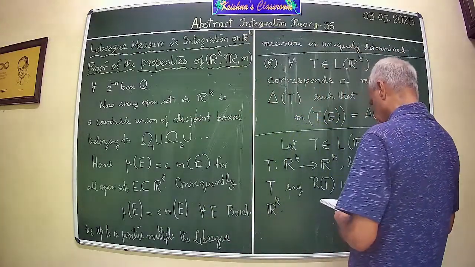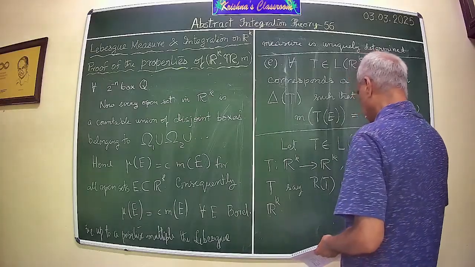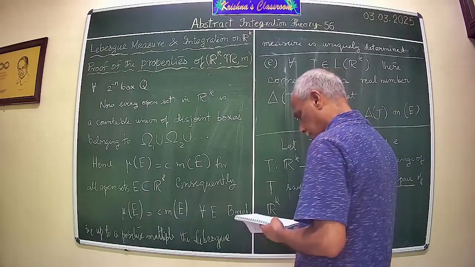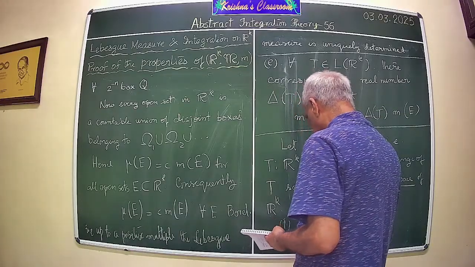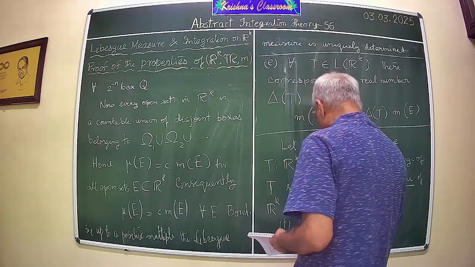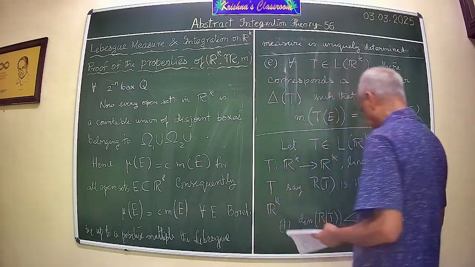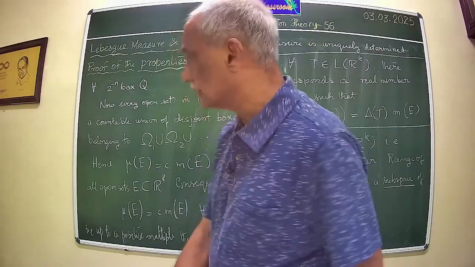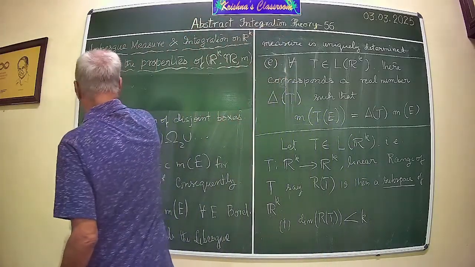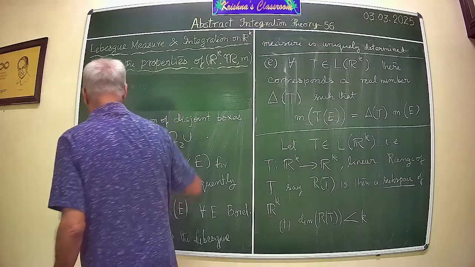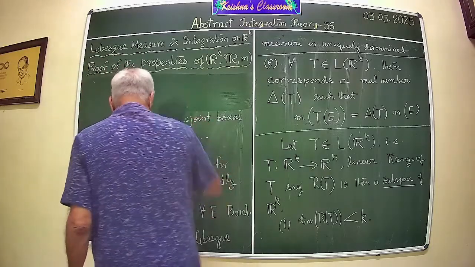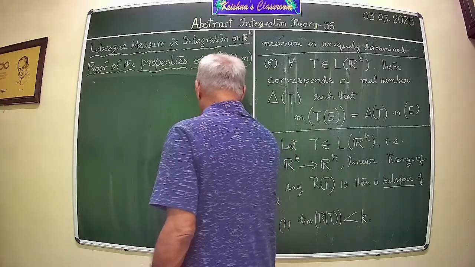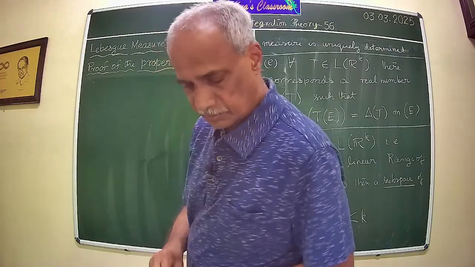So we now split this into two cases. One, the dimension of the range of T is strictly less than k, which is the dimension of the space. You know that Rk is k dimensional. In this case, we take delta T to be 0.